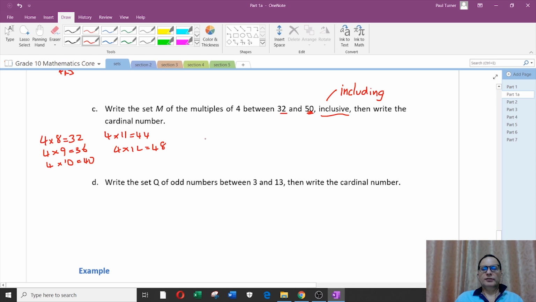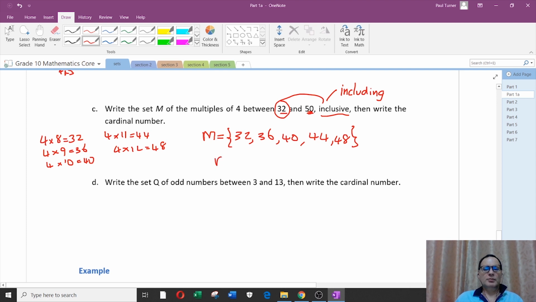So which are the elements? M equals, curly bracket, 32, 36. Inclusive means including, so we can include this number. So 32 is the first number, 36, 40, 44, 48. 1, 2, 3, 4, 5.